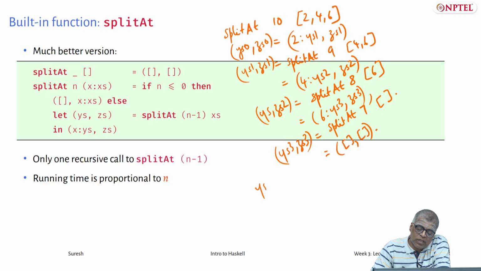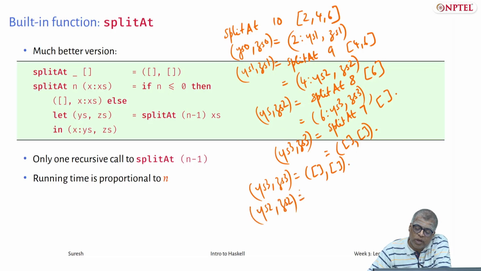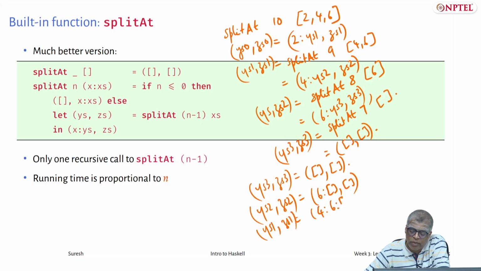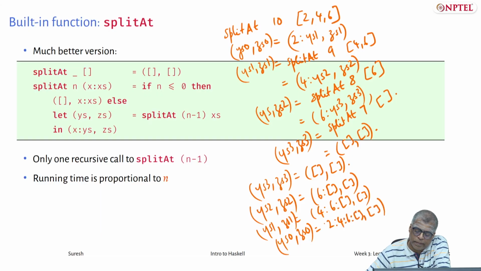So I plug the values back in: ys2, zs2 should be 6 followed by empty list, comma empty list. ys1, zs1 is 4 followed by 6 followed by empty list, comma empty list. That is equal to the list 2, 4, 6 and the empty list on the other side.